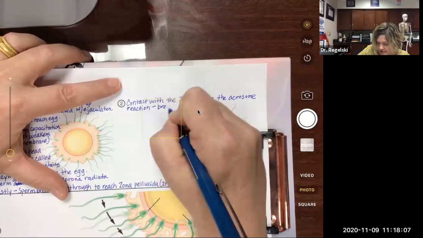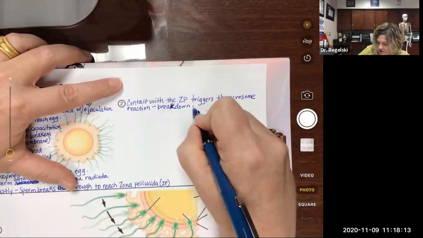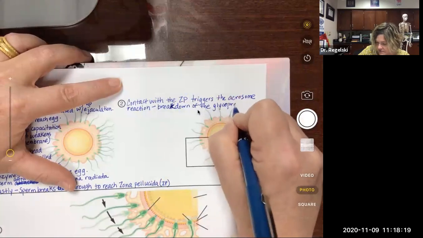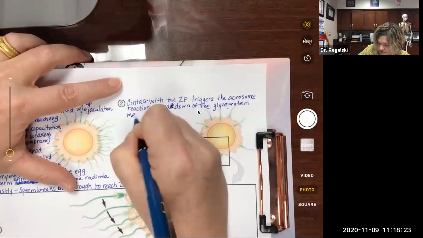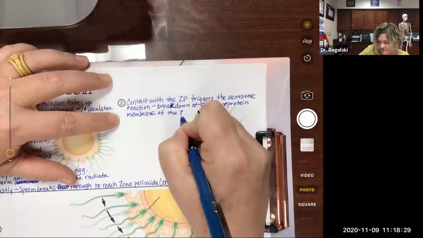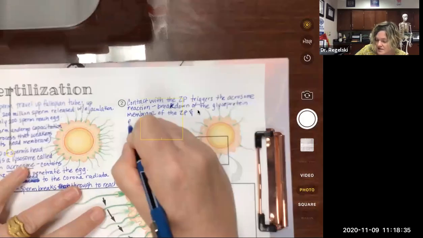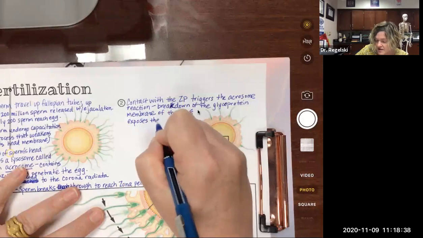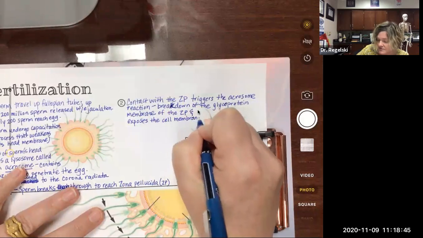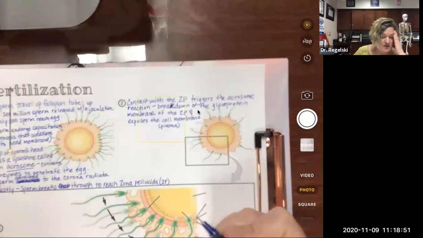This causes the breakdown of the glycoprotein membrane of the ZP and exposes the cell membrane of the egg, or the plasma membrane. You can use cell or plasma membrane, they're interchangeable.